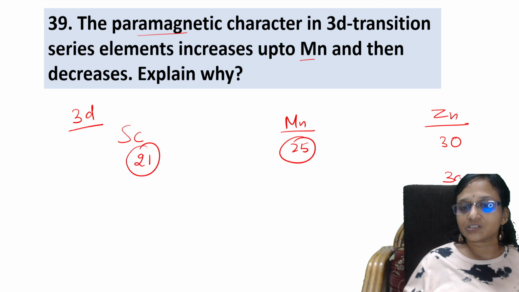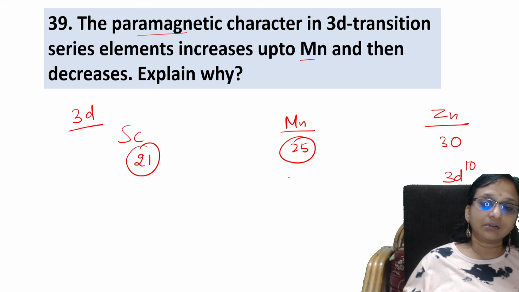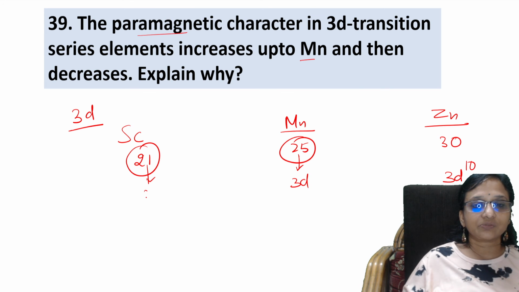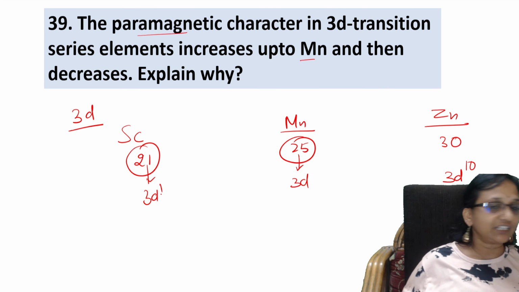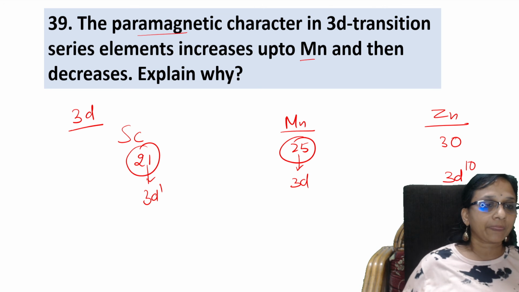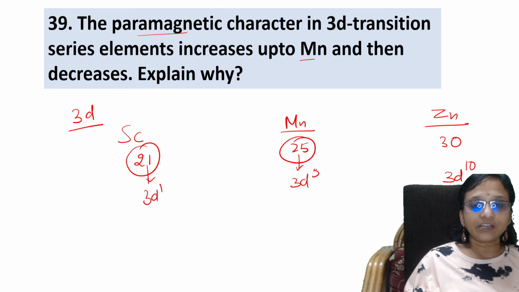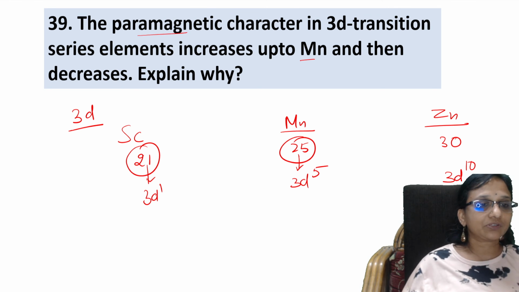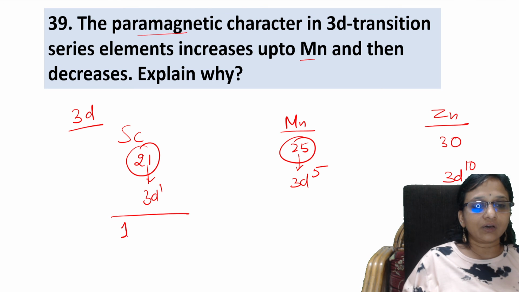Here the configuration is 3d10. Here the configuration is 3d5. Here the configuration is basically 3d1, 3d2, 3d3. Check. Here in this 3d5 configuration, what will happen, students? Here you have five unpaired electrons.